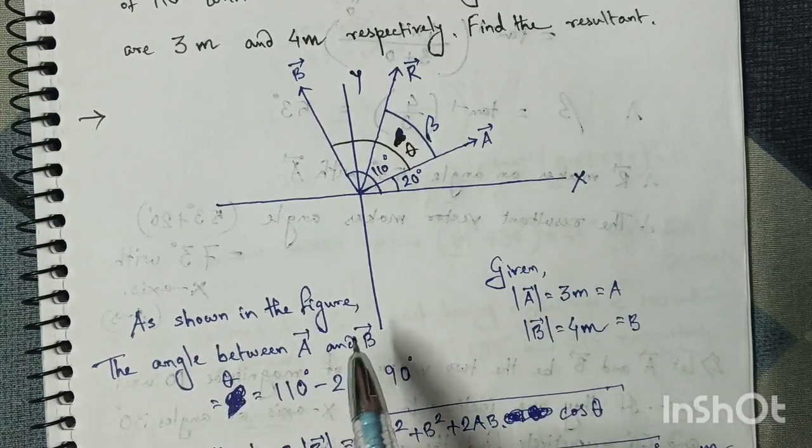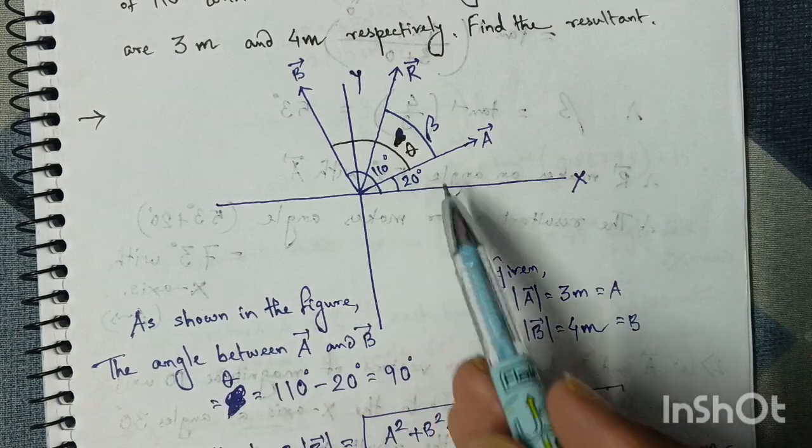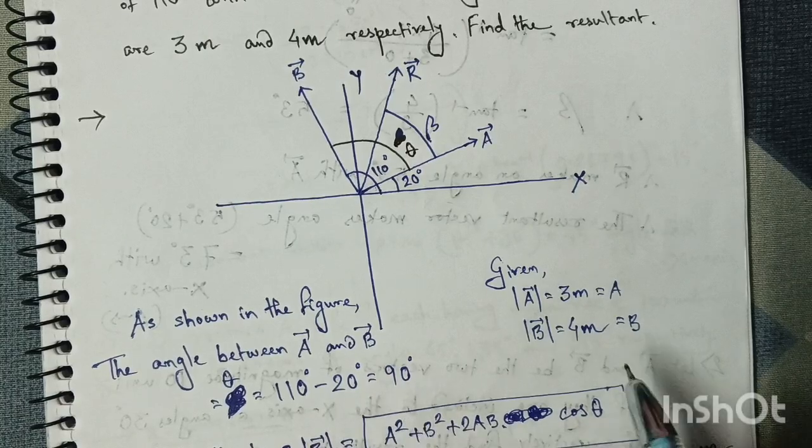As shown in the figure, the angle theta between A and B is 110 minus 20 degrees, which is equal to 90 degrees.